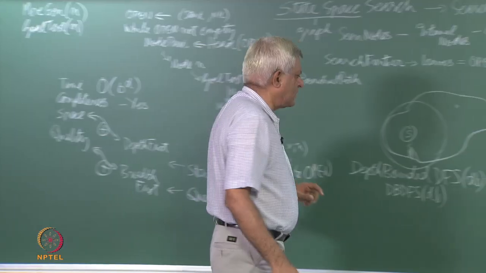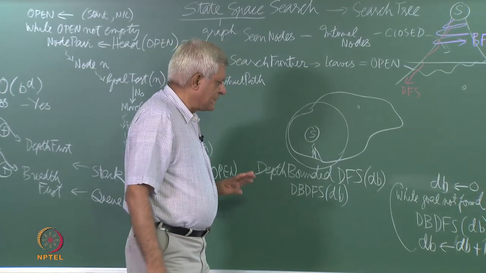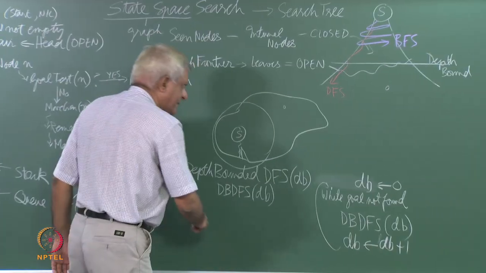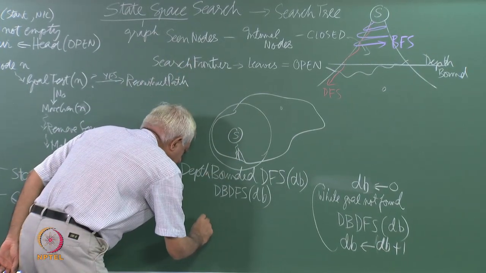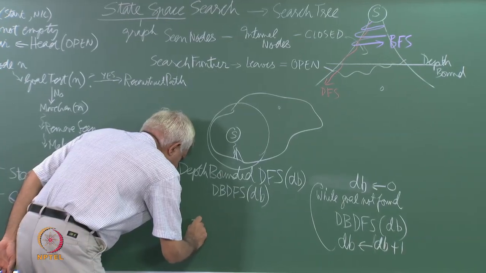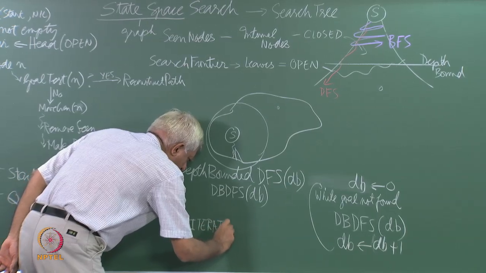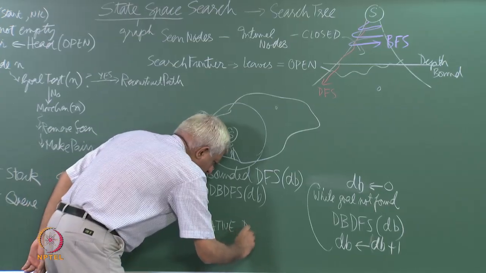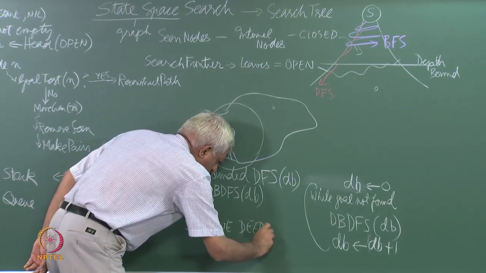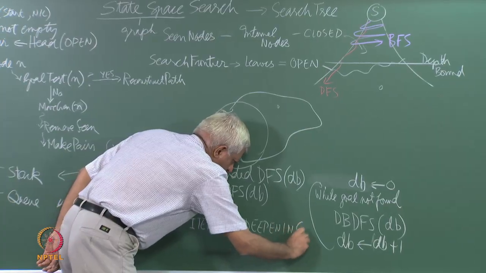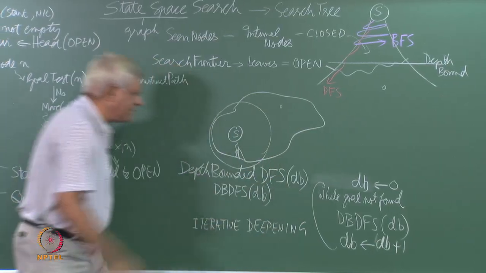What is this algorithm called? It is a very well known algorithm. It is called, so I will write it here in case we need that space, iterative deepening, as the algorithm suggests.